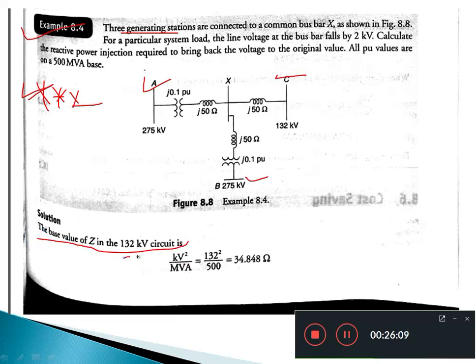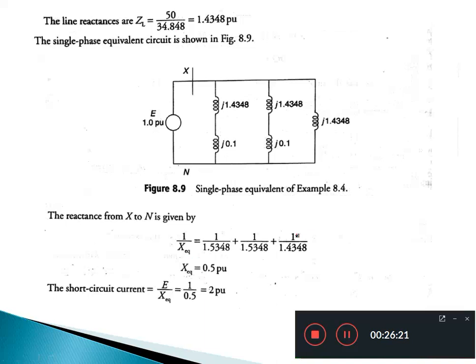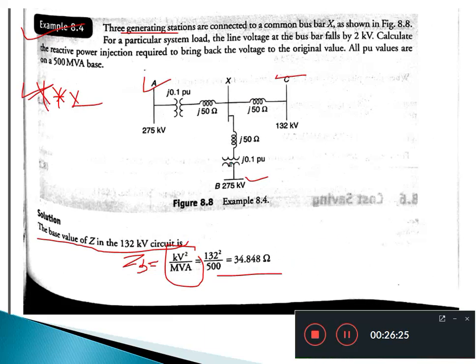Then we get the base impedance ZB equal to kV base whole square divided by MVA base. So we will get these values. Then the line reactance is j50, divided by the base.